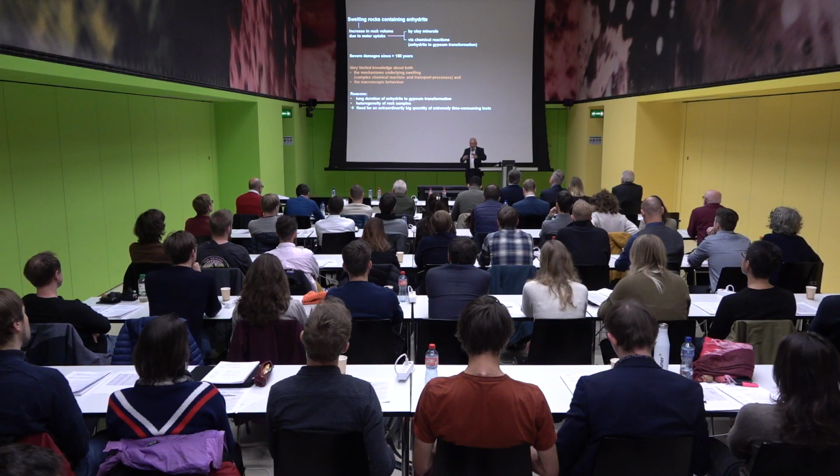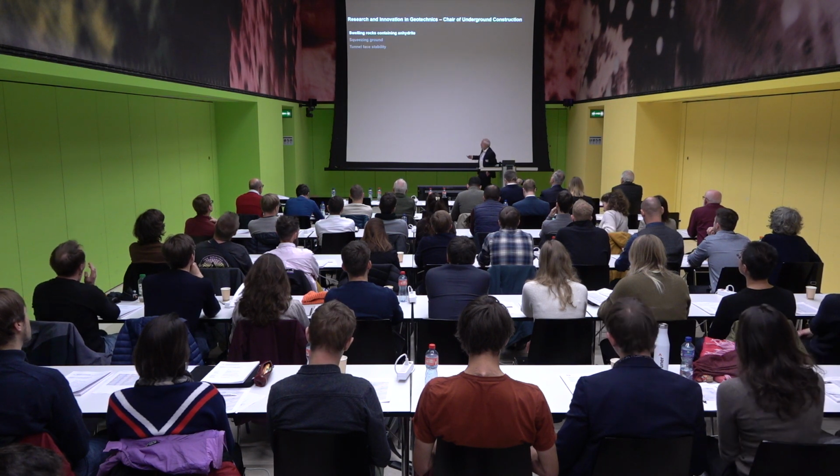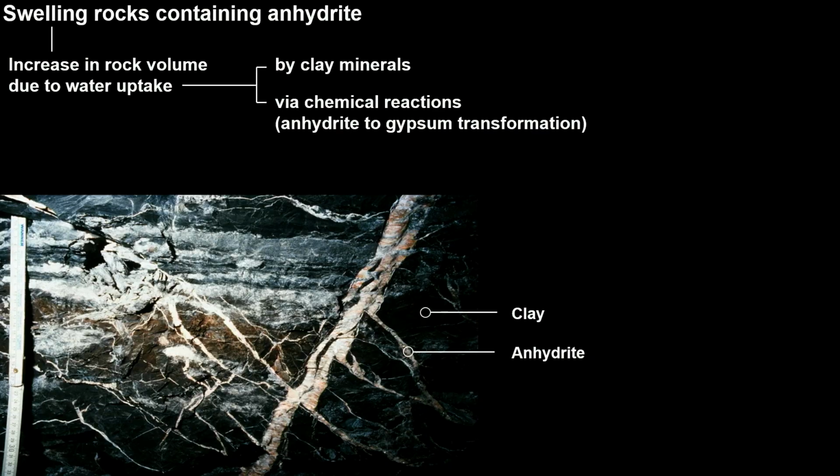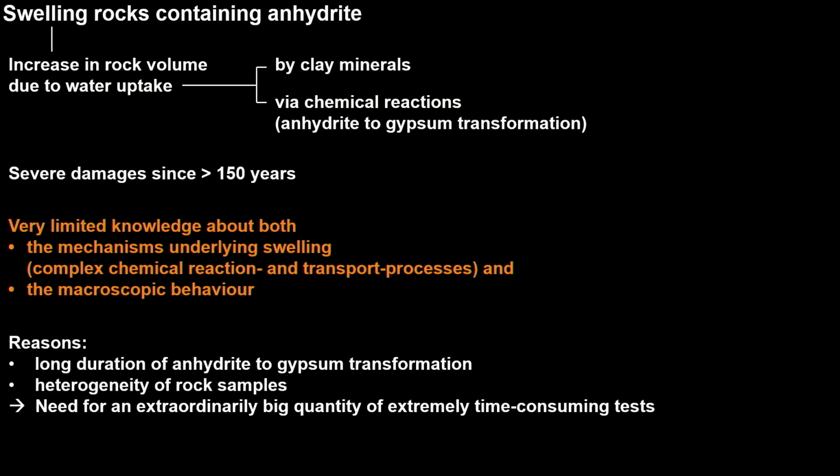On the other hand, we saw the picture before. I forgot to mention that this is a picture from the gypsum Keuper. Probably you remember. How heterogeneous it looks. So at laboratory scale, if we want to investigate this systematically, we will need an extraordinary big quantity of tests, which are extremely time-consuming, and therefore, in the literature you seldom find systematic information regarding the swelling of anhydritic rock.